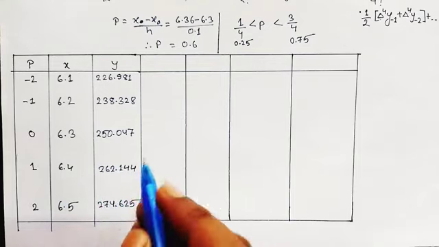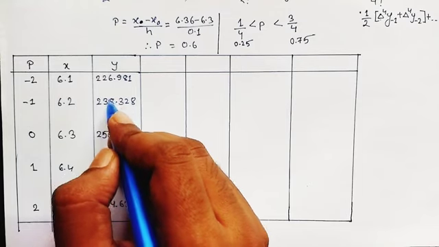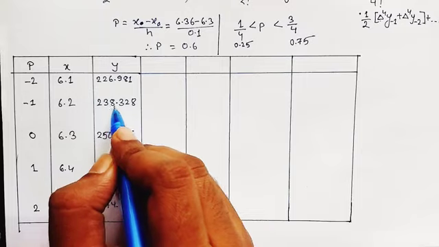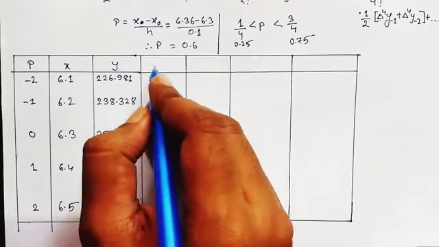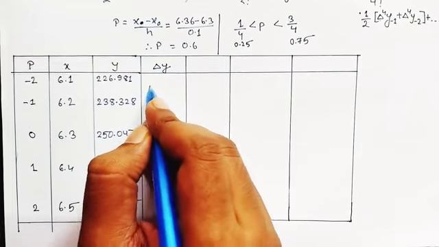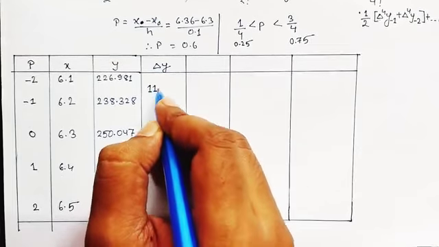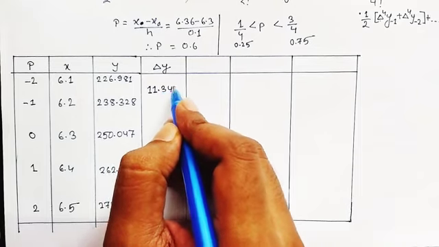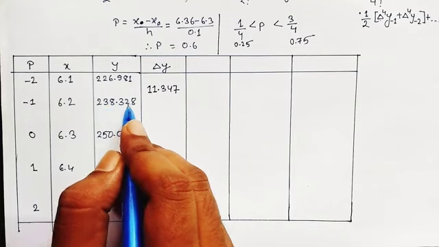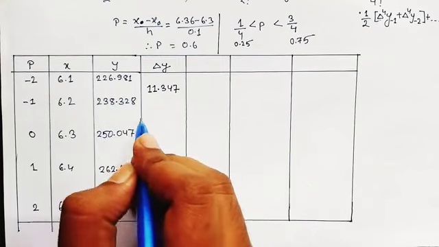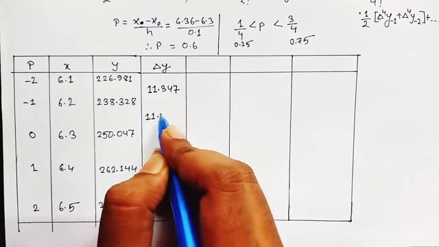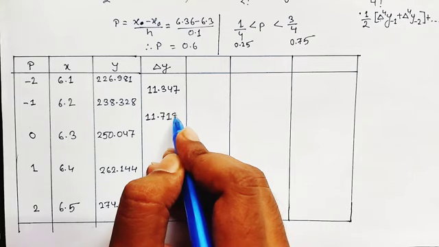So delta y can be calculated by simply subtracting these two values, that is, subtract 226.981 from 238.328. On doing so we get 11.347 in the delta y column. Similarly, subtract 238.328 from 250.047, and we will get 11.719.